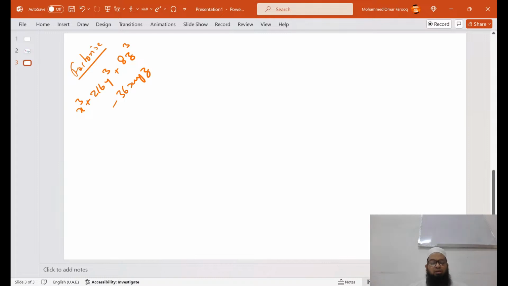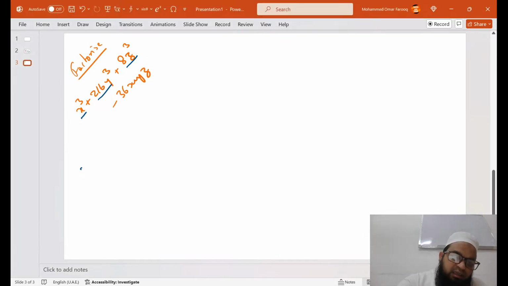See, students, whenever you see these kind of problems, we can see that there are three cubic terms. This is a cubic term, this is a cubic term, this is a cubic term. Understood? When you have three cubic terms, we have to remember the identity given in the polynomials. What is that identity?